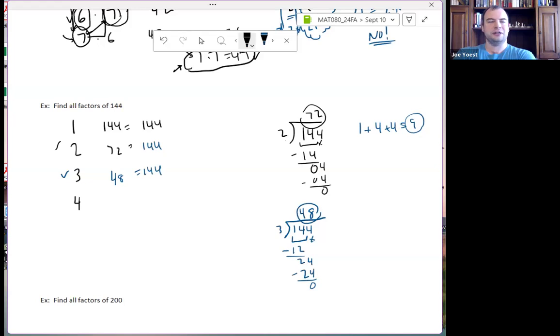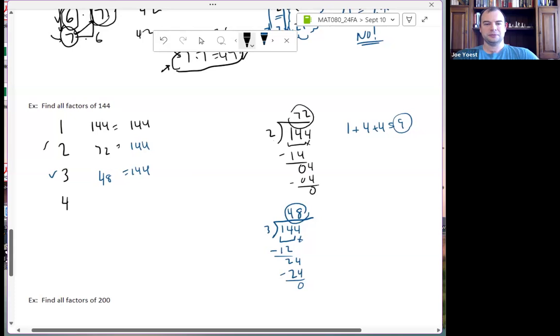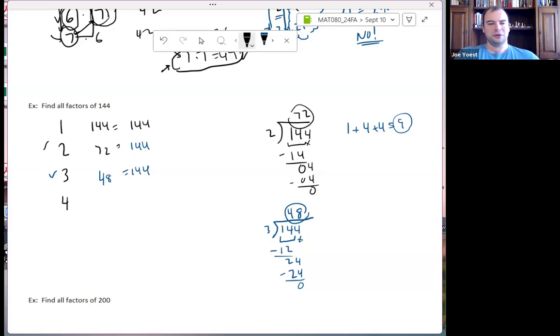Is 4 a factor of 144? Is 144 divisible by 4? I guess I could do the divisibility by 4 is divisibility by 2 and then 2 again, right? So 144 I see is 2 times 72. And I know that 72 is an even number as well.